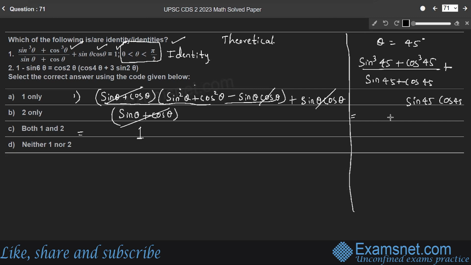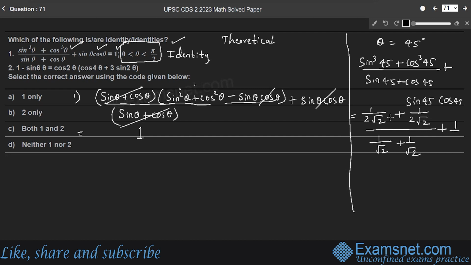Substitute the values. Sine 45 is 1 by root 2. Its cube becomes 1 by 2 root 2. Cos 45 is also 1 by root 2. Its cube is 1 by 2 root 2. Whole divided by sine 45 plus cos 45, 1 by root 2 plus 1 by root 2, plus sine 45 into cos 45.